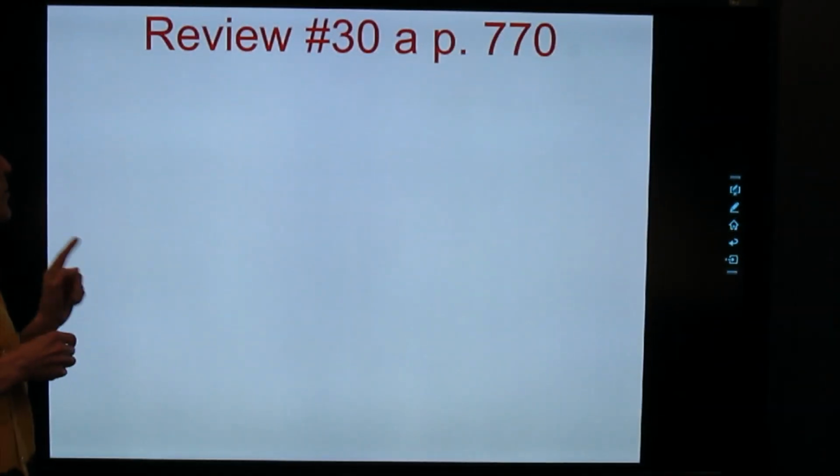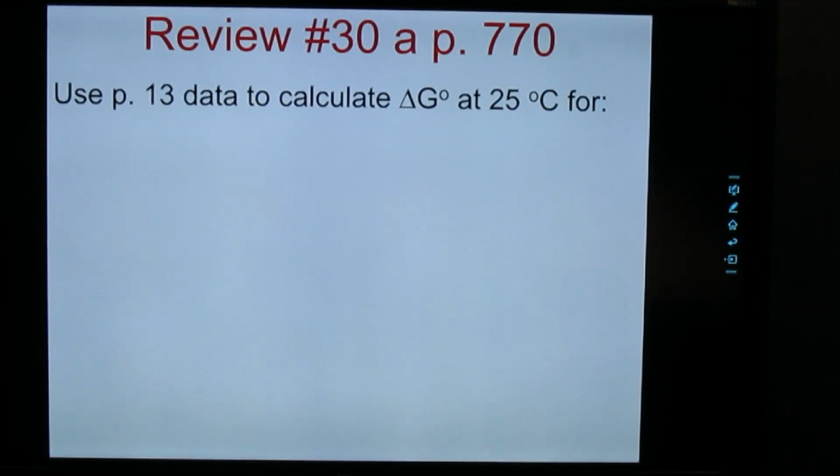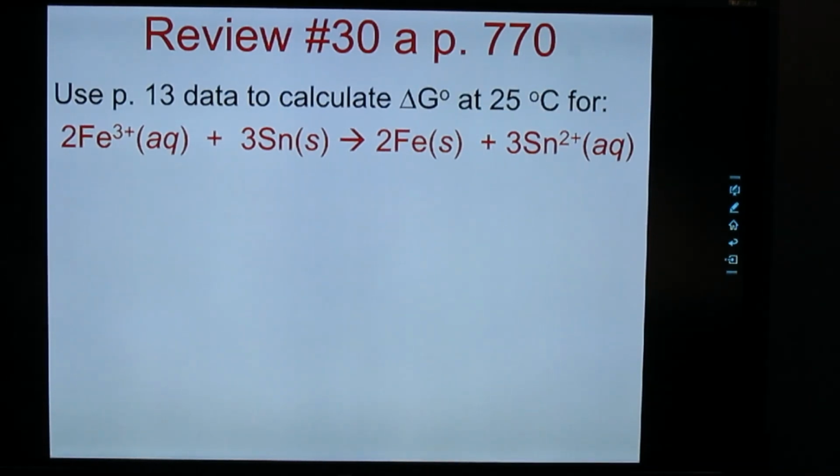And so before I turn you loose on some problems, I want to do problem 30 on page 70 together. And then we're going to do 32 with it. And so what it's asking you to do is use the data on page 13 in your notes booklet to calculate delta G for this reaction.